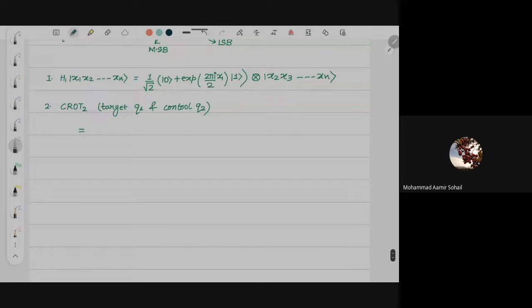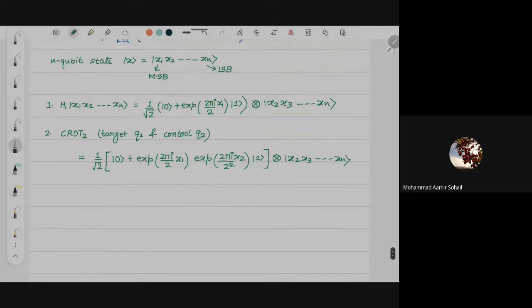When we apply this, our state will be 1 by root 2 (|0> + exponential 2 pi I by 2 x1, times exponential 2 pi I x2 by 2 square, |1>), and then we will have x2, x3 up to xn.